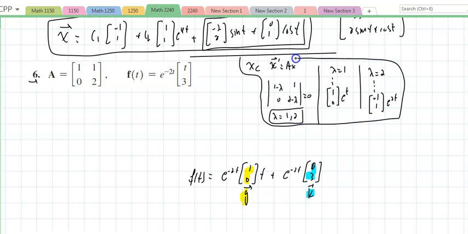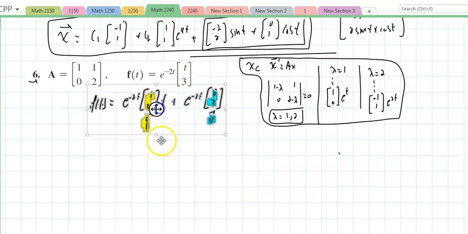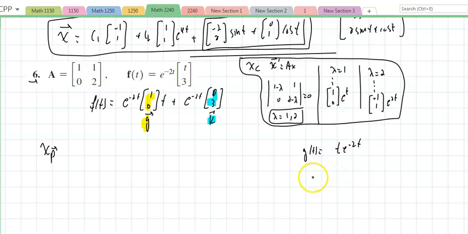Now, if I get to the particular part, keep in mind how this works. If I had back in chapter 3, g of t equaling t e to the negative 2t, wouldn't I say the particular solution will be at plus b times e to the negative 2t?